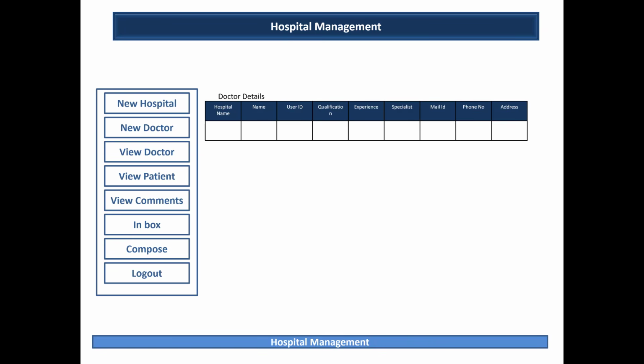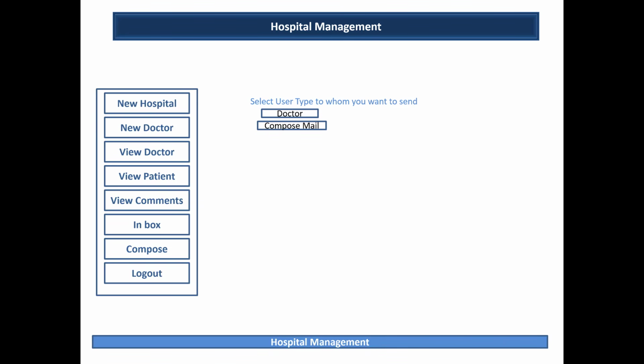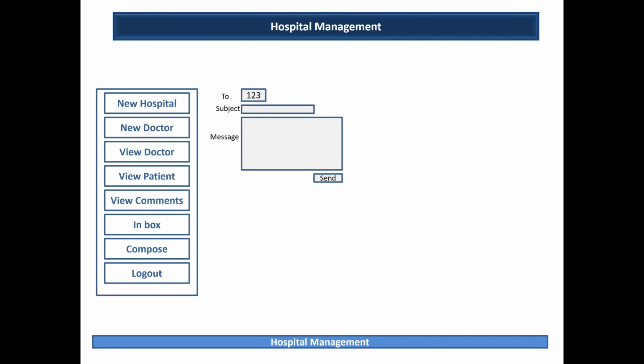Here the admin can see the doctor details and also the patient details. We have an admin inbox for questions asked by the patients, and you select the user type to whom you want to send mail, like a doctor.